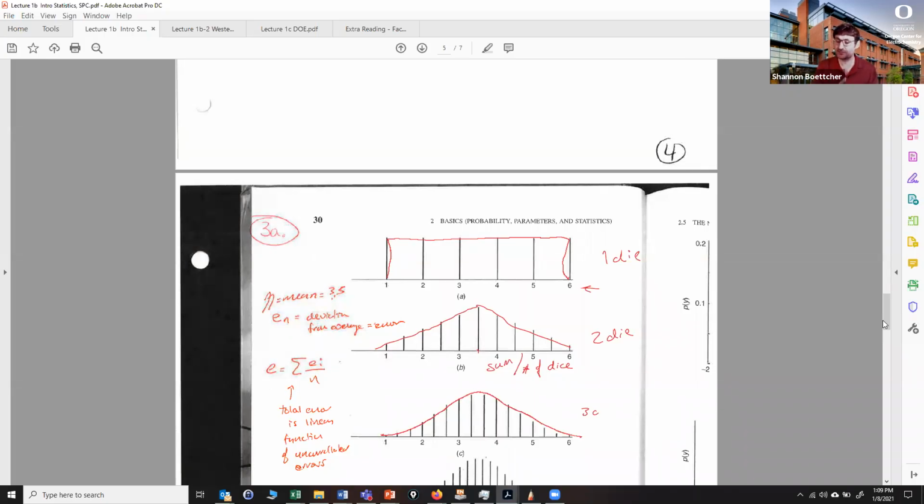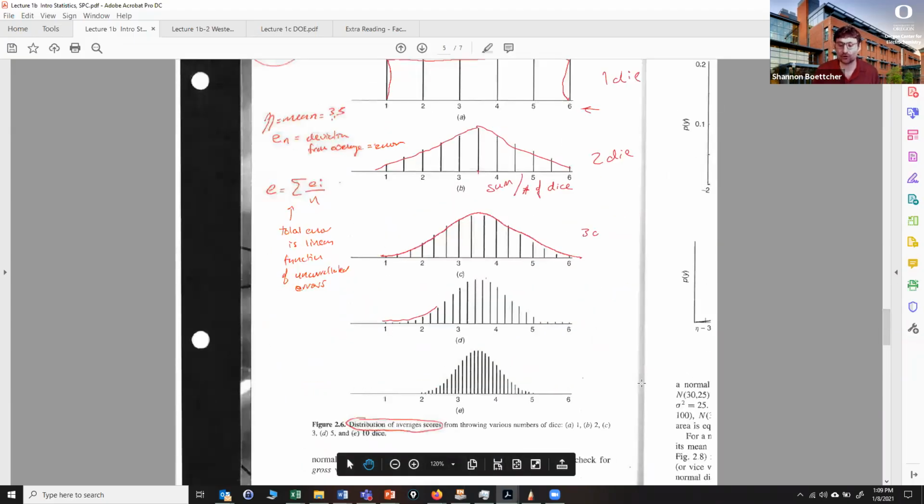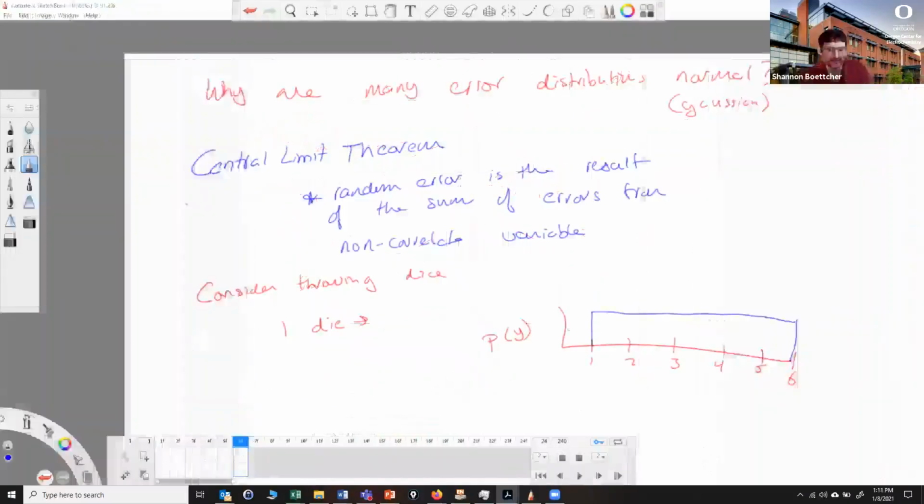If you add enough uncorrelated random processes, no matter what their individual probability distributions look like, they'll always tend towards a Gaussian. I think that's super cool. So that's the central limit theorem. Any questions on that? Let's keep going and think about how this affects our measurements and the sort of things you might do.